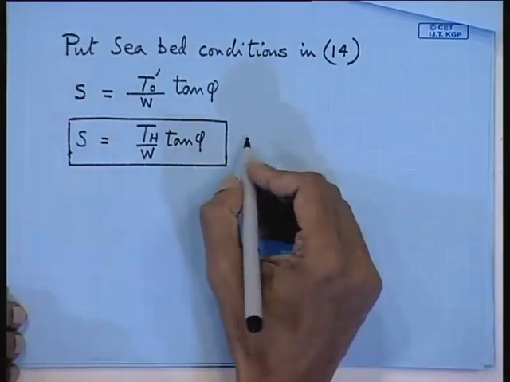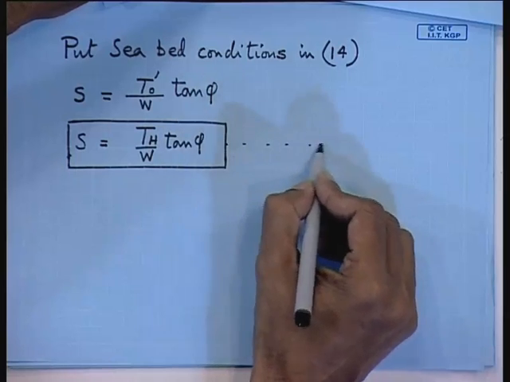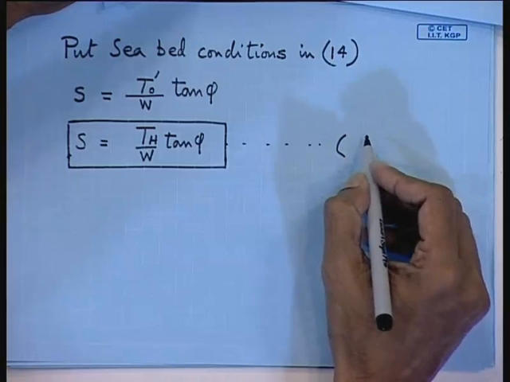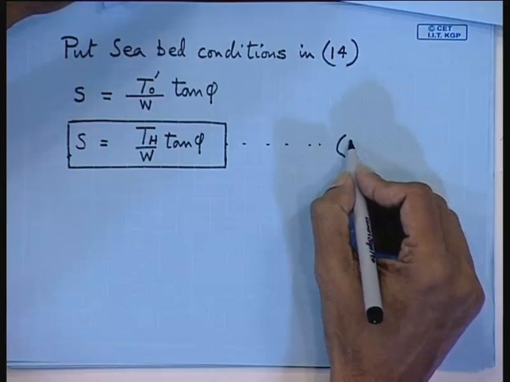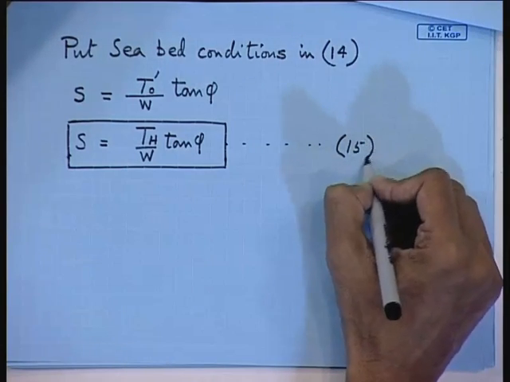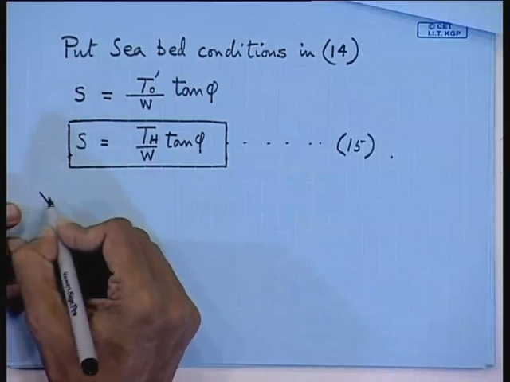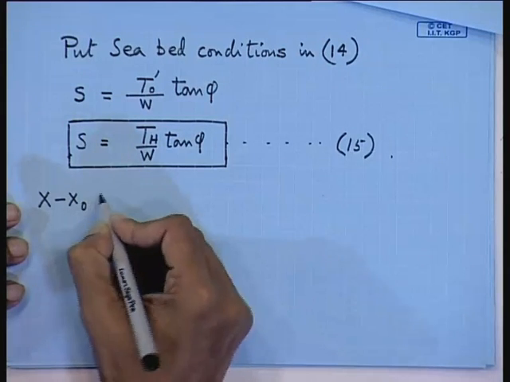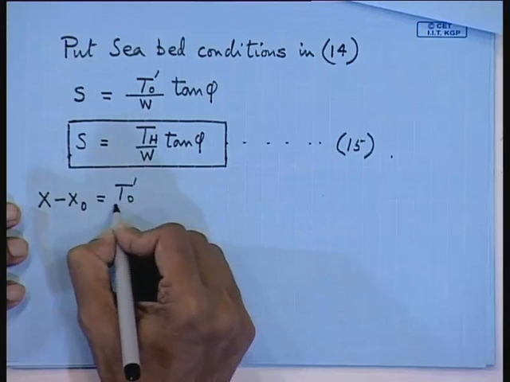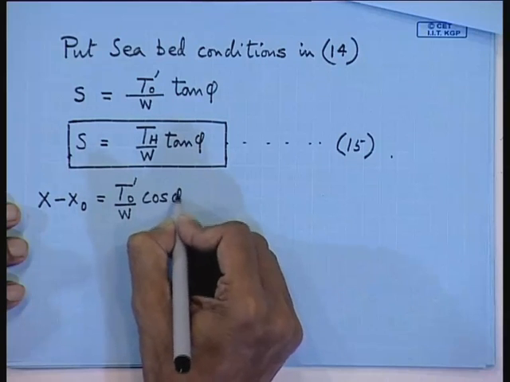What should I put as the equation number? 15 I have already put, so let us put this as 16. Your expression for x minus x naught was T prime naught over W. Now you simplify that, you put boundary conditions, you will get the answer.